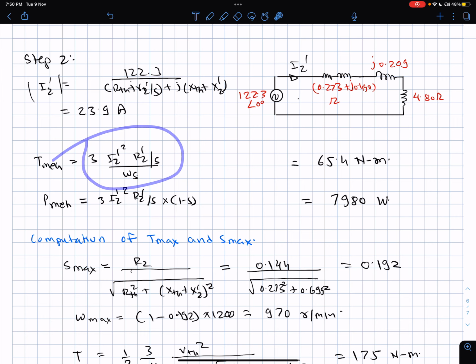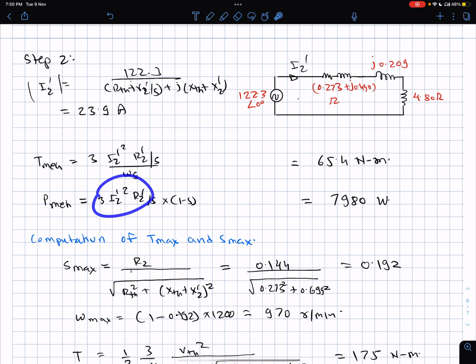The torque, we have done this already, is 3 I2 dash square R2 dash by S divided by omega S, and we have everything here now. This is the synchronous speed, not the actual speed, because the factor 1 minus S has gone down. Substituting, this comes out to be 65.4 Newton meter.